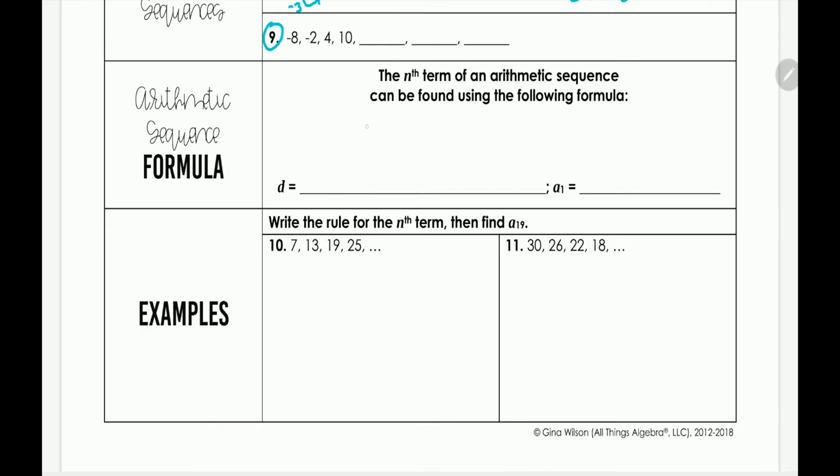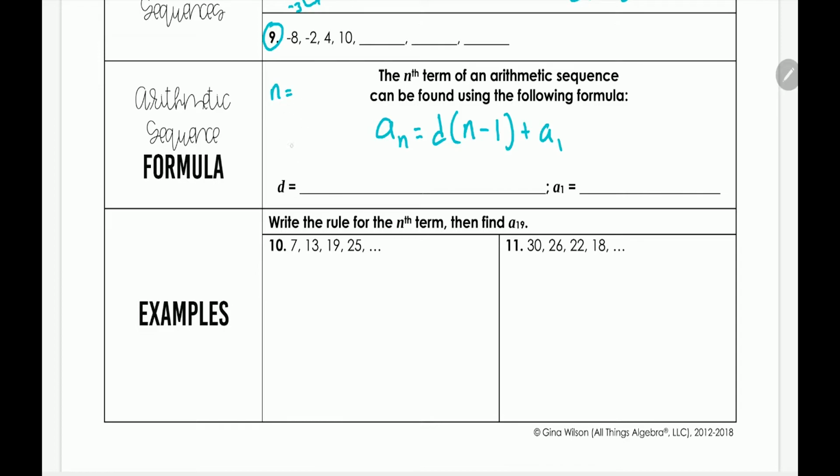And the formula that we're going to be utilizing is a sub n is equal to d times (n minus 1) plus a sub 1, where n is equal to the position of the term.